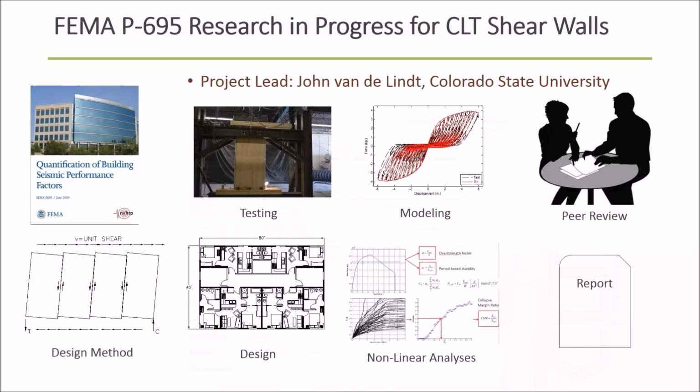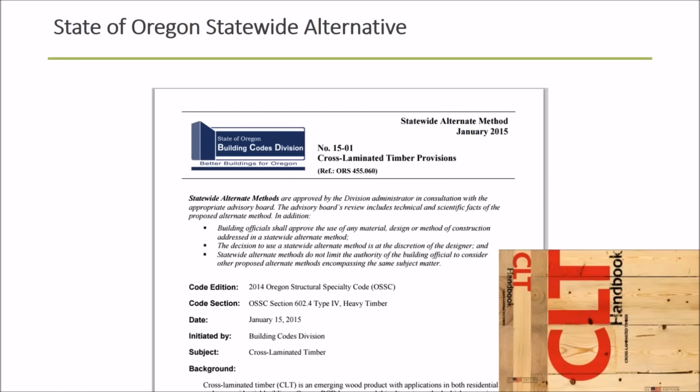There are jurisdictions and places around the country which have taken a step forward while we're still waiting for that research. For example, the state of Oregon has a statewide alternate method adopting CLT into their 2014 code, and also adopting a shear wall system for it.